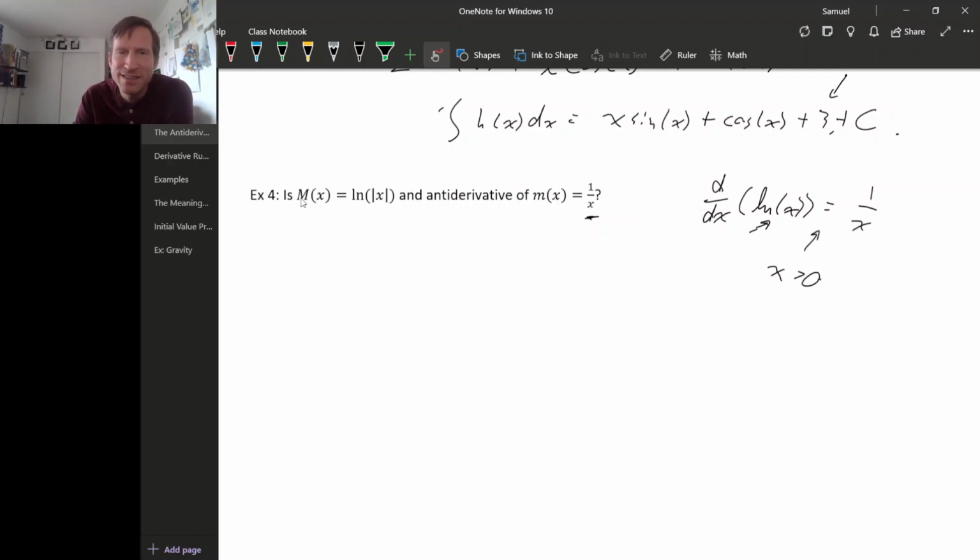So the answer to this question is not clear, because the absolute value of x here sort of changes the domain, right? The domain of M is any number that isn't 0.